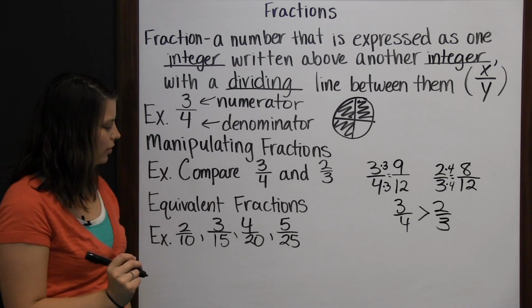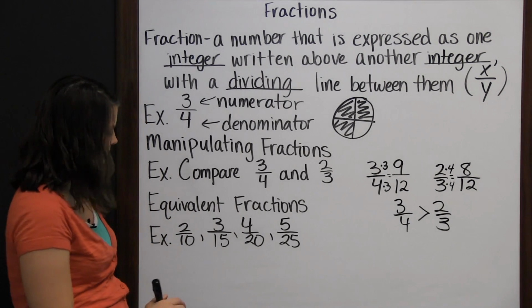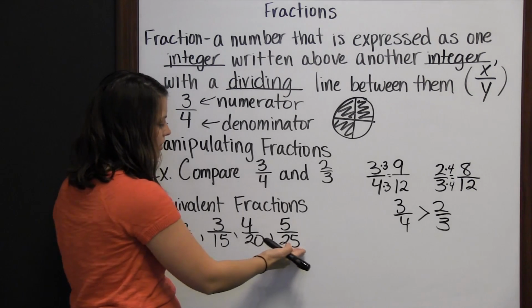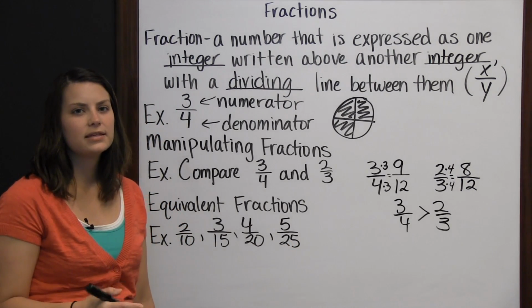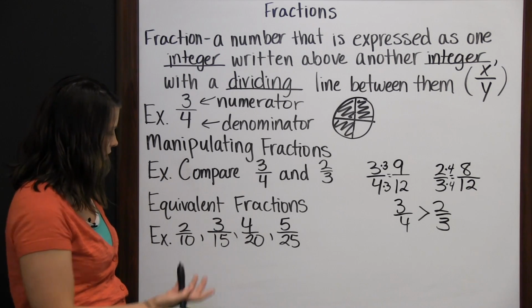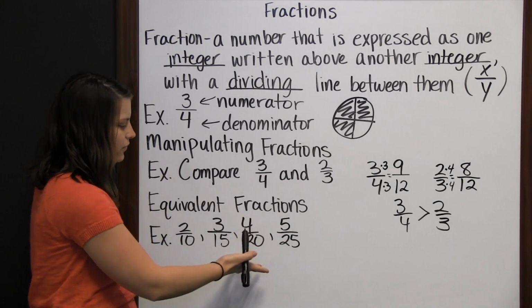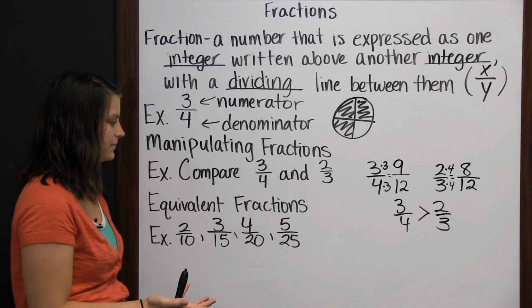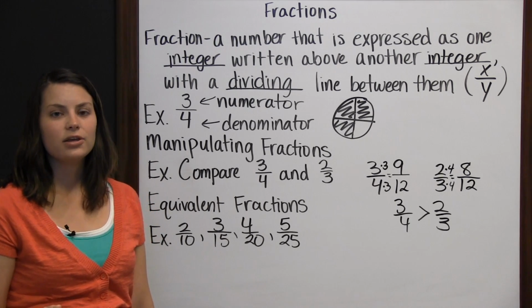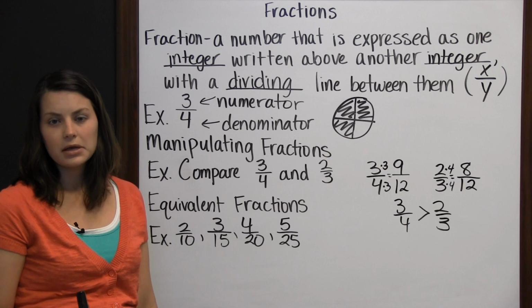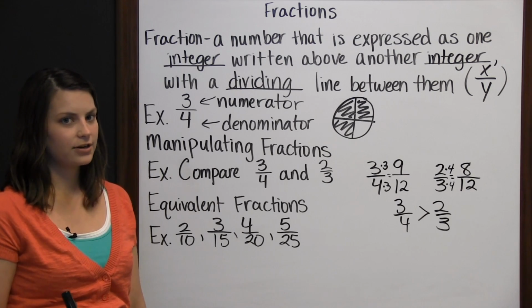So let's talk a little bit more about equivalent fractions. All of these fractions are equivalent fractions because they all represent the same value: 2/10, 3/15, 4/20, 5/25. And we could see that they represent the same value more easily by simplifying our fractions.